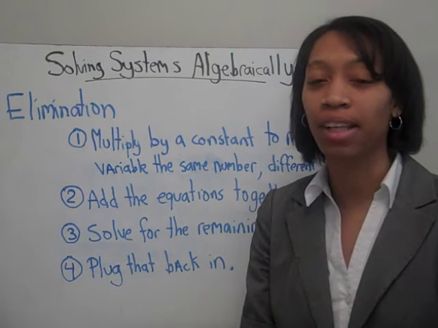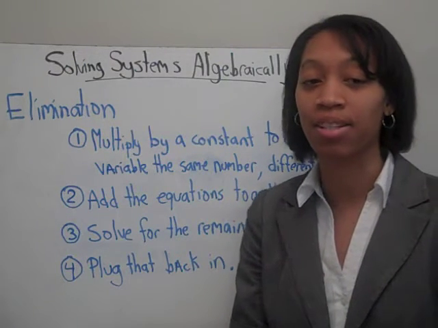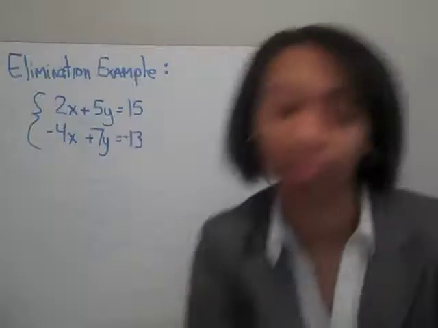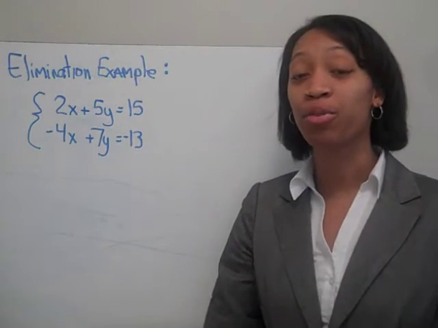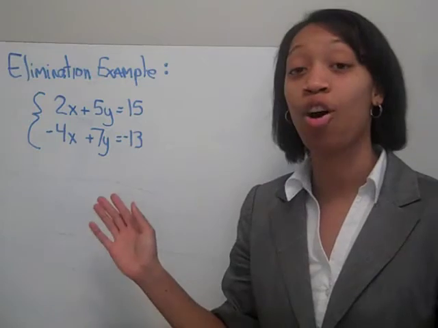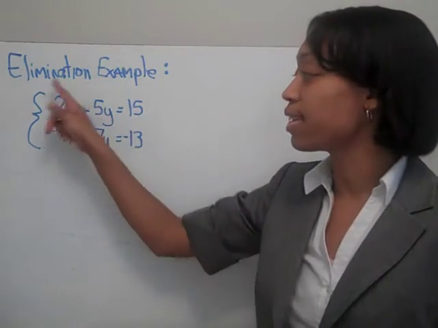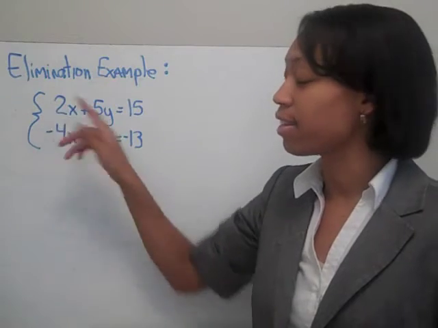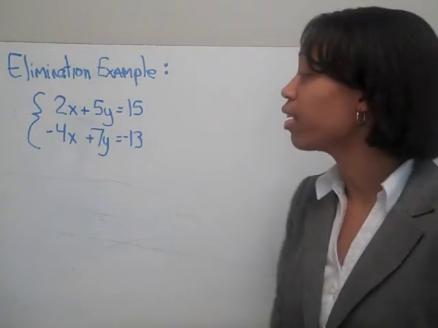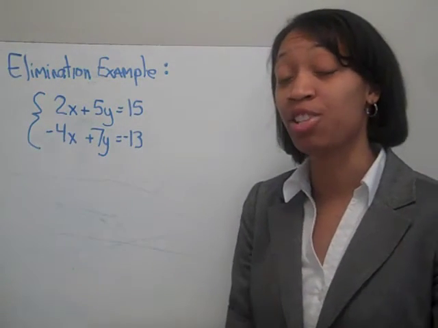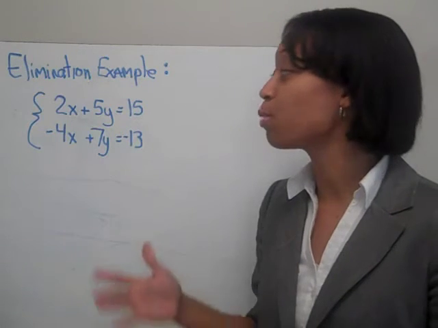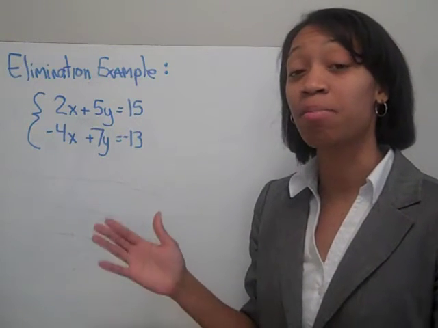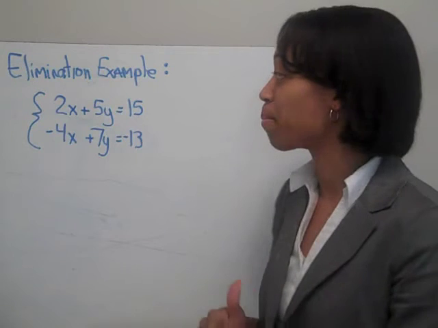So let's look at the steps of how we do elimination. Alright, if I want to do elimination to solve for x and y with this system of equations, and I can tell it's a system because the bracket is tying these two equations together, I need to multiply. The first step is to multiply one of the equations to make the variable parts the same.